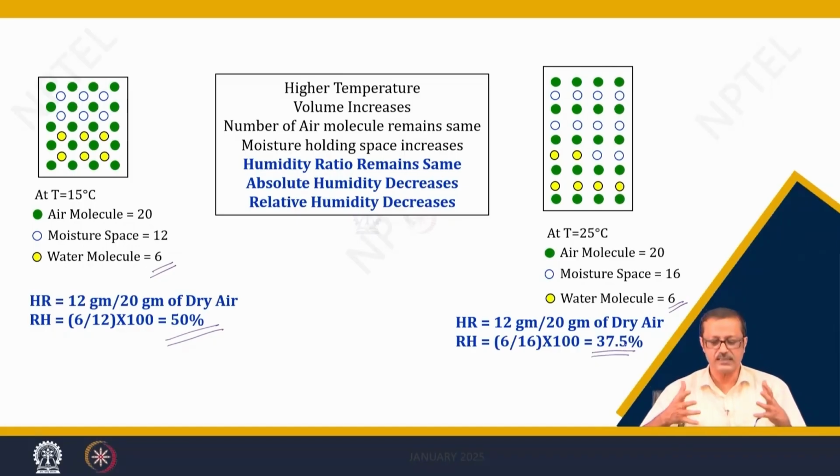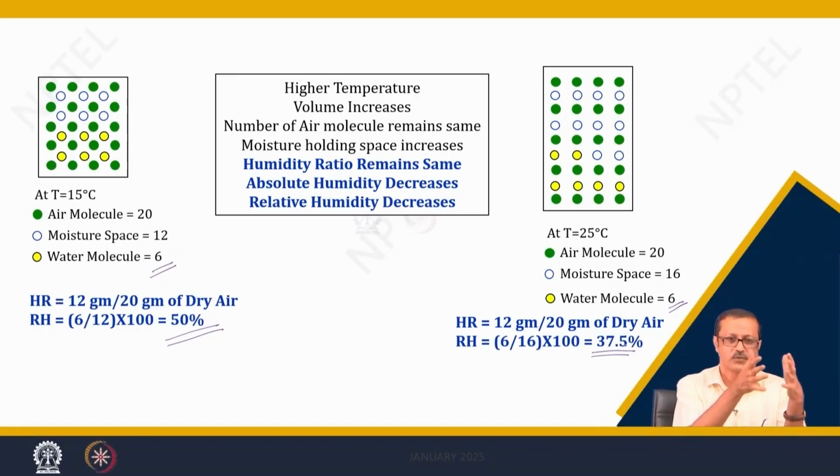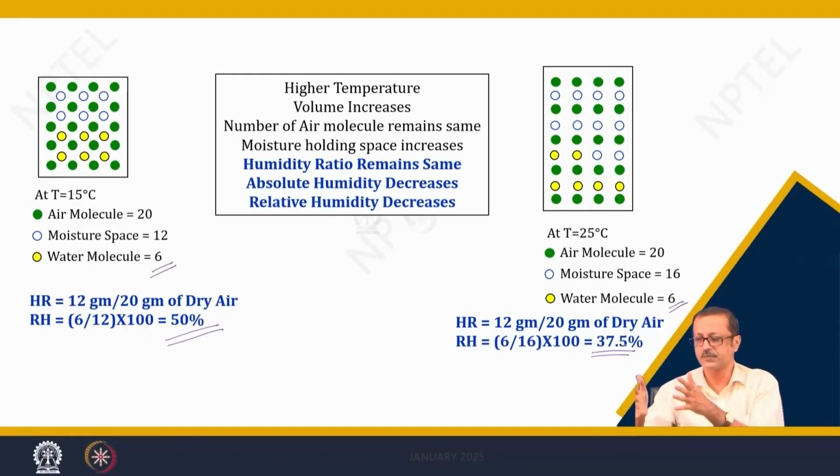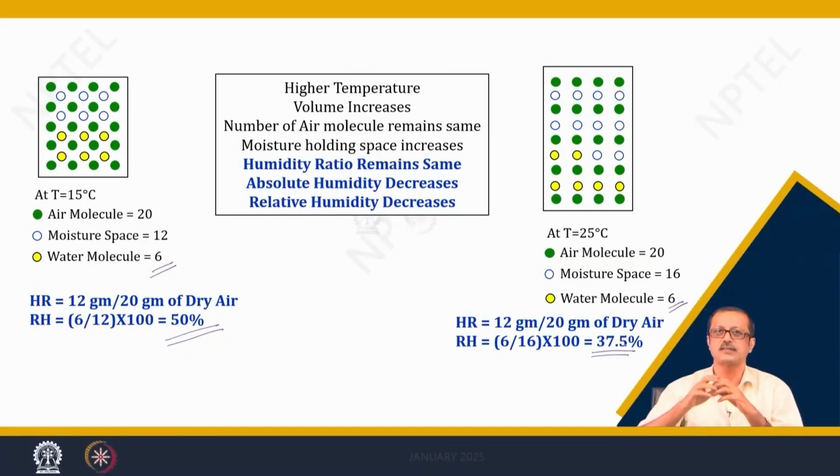So what we understand is that if the humidity ratio remains the same, no new water molecules get into the air space. Because of the temperature increment, the volume is increased, so the intermolecular distances are increased, and there are new spaces available for the moisture.